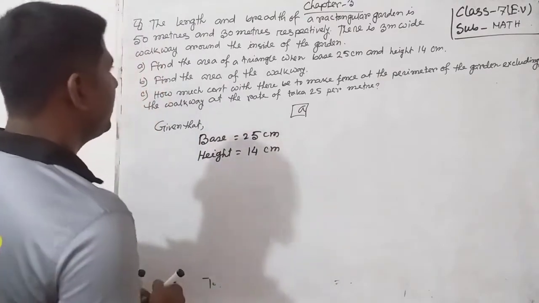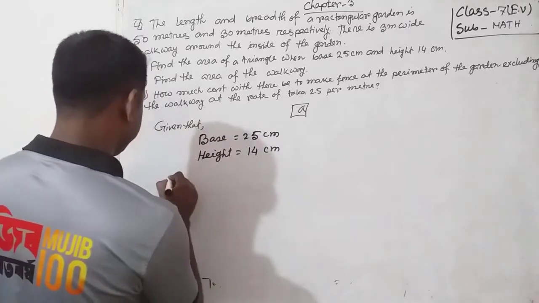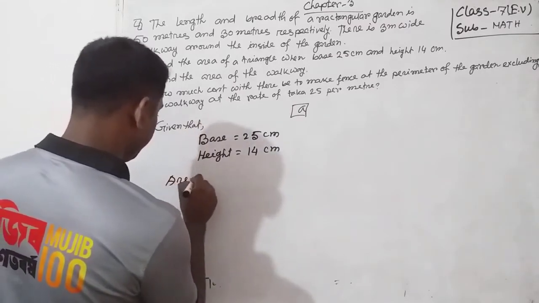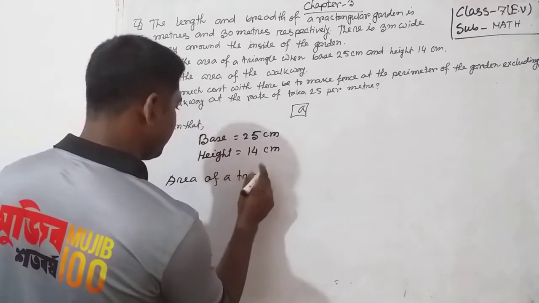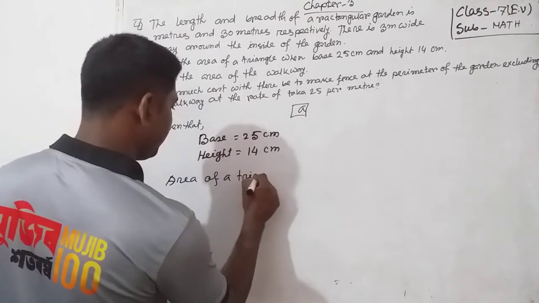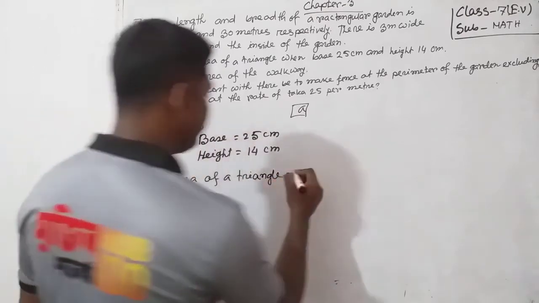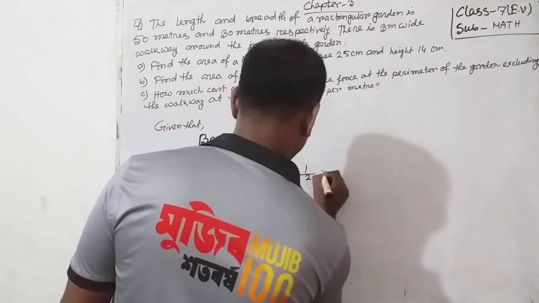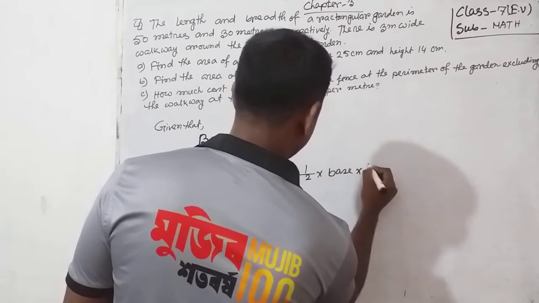So we can write area of a triangle equals half into base into height.